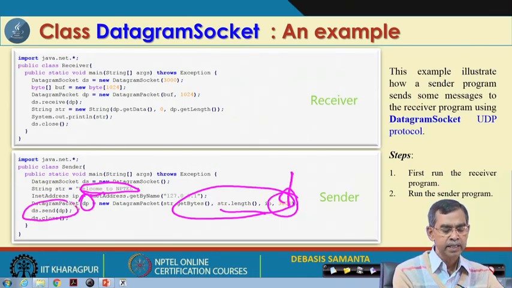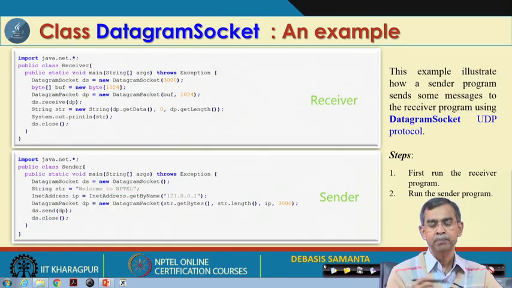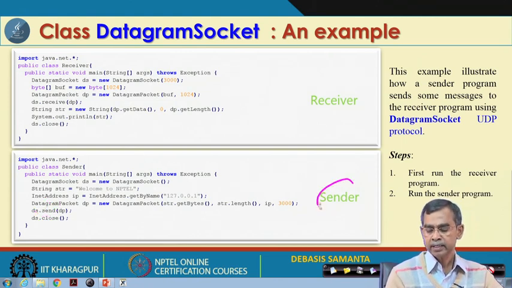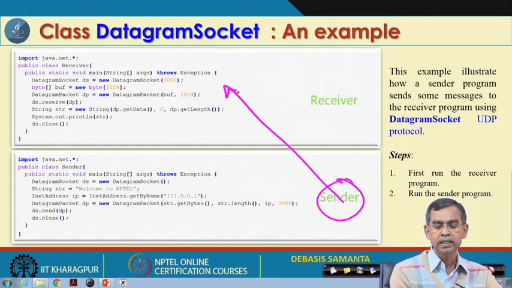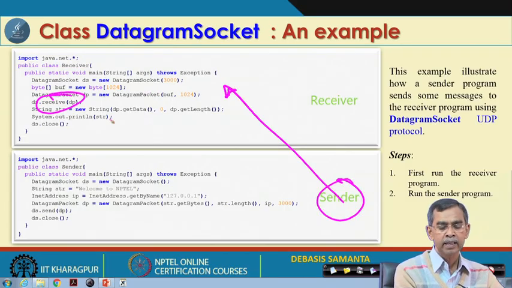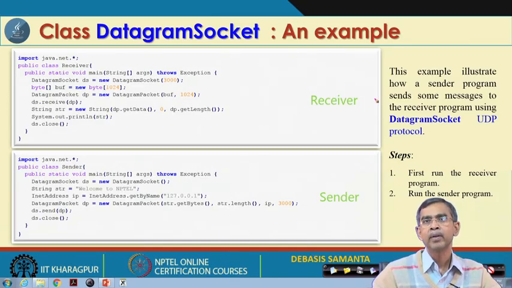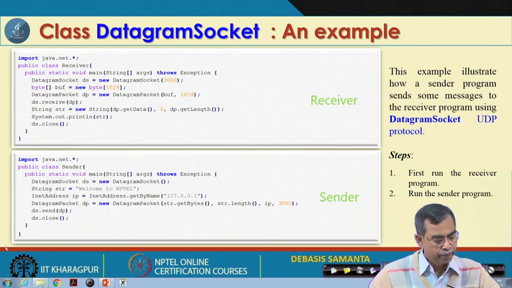So, the datagram packet is ready with its destination address and everything, and therefore it is sent. This way the sender will send, it will go to the receiver, the receiver will receive, and then it will be processed. This is the communication between the two parties which are using the same port, same port in the sense that they are on the same machine.